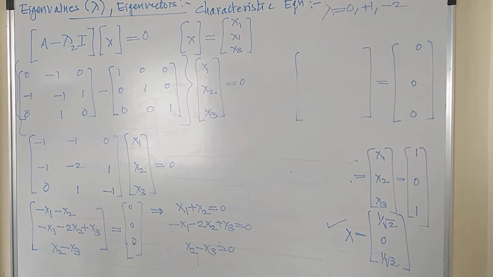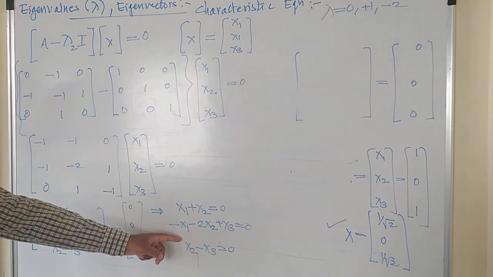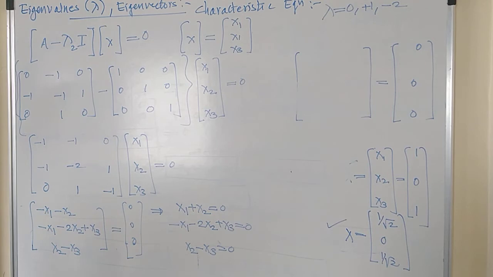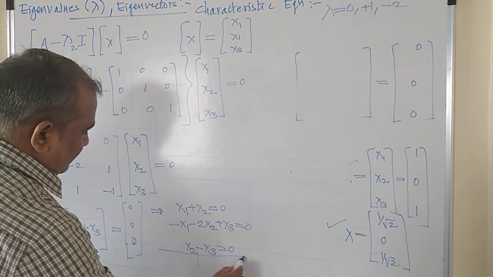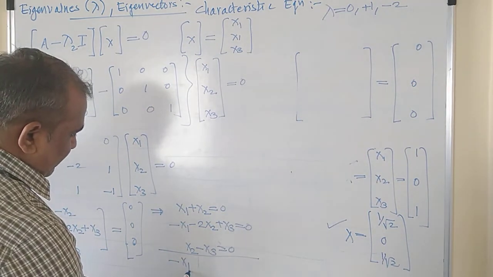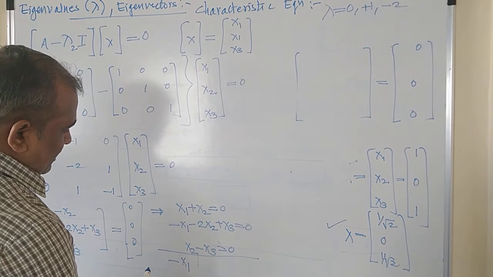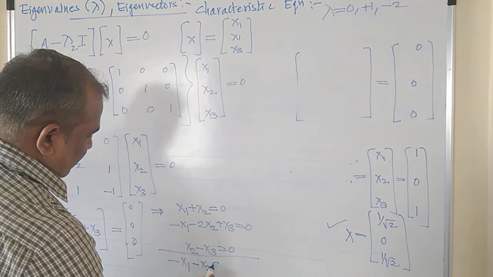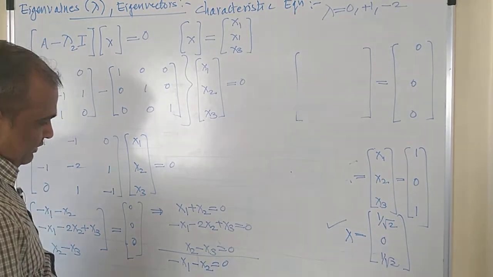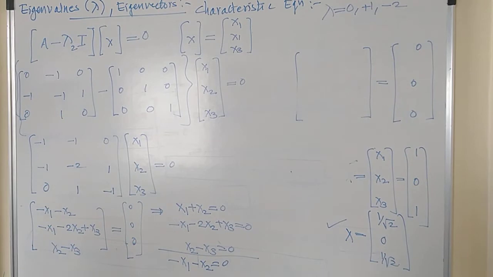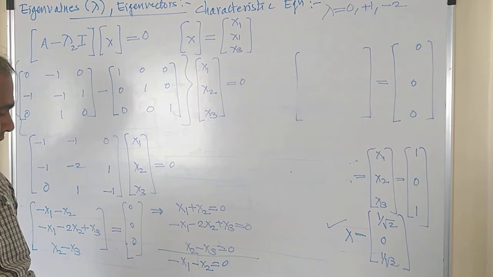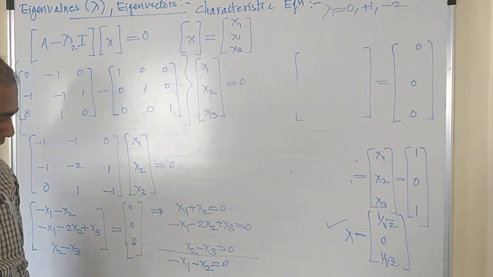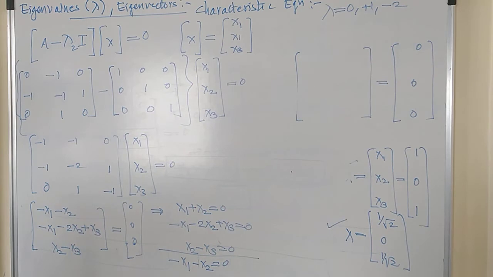And if you add equation number 2 and 3, x3 will be eliminated, and after addition of 2 and 3, you will get minus x1 minus x2 equal to 0. You will get this, isn't it? And then if you add equation 1 and this equation, x2 will be eliminated, and you will be left with only x1.